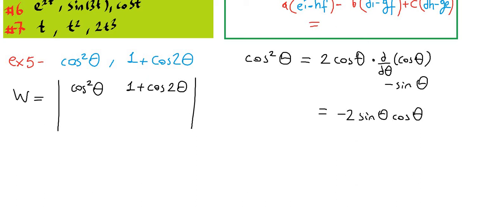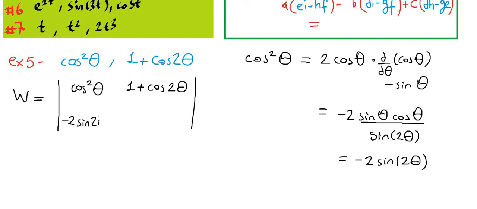Negative 2 sine theta cosine theta, here is the double angle identity, is sine 2 theta. So we have negative sine 2 theta. Here we applied the double angle identity for sine 2 theta. So now we're going to write here negative sine of 2 theta as our derivative of cosine squared theta.